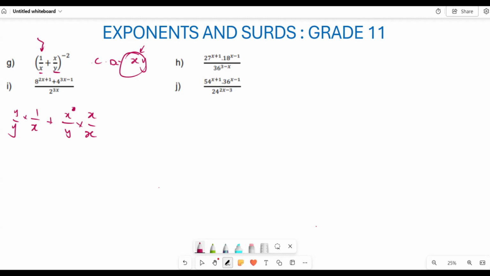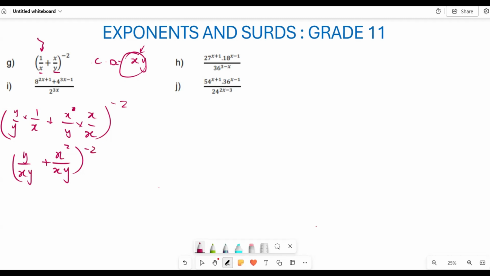And then everything here is to the power of -2, obviously. So what is it that you're going to have here? This is going to be y over xy plus the other one, which is x squared over xy, right? And everything here is now to the power of -2.